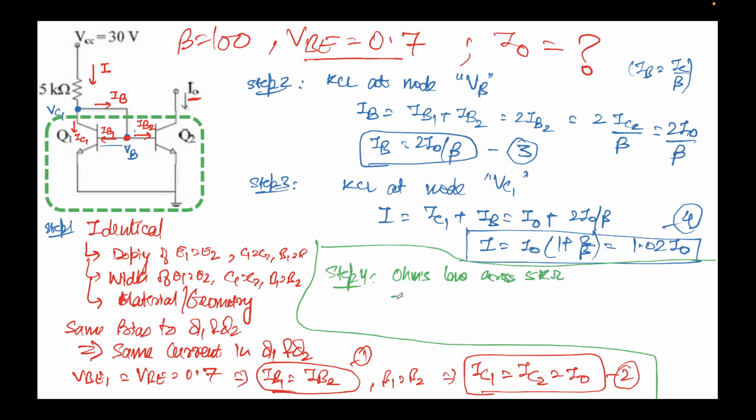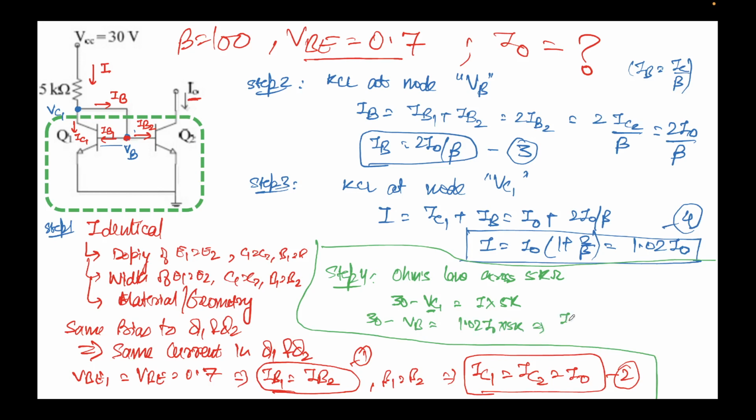So that will be 30 minus VC1 equal to I times 5k. Now what is the value of VC1? Note that VC1 is nothing but VB because this is shorted here. So I can write 30 minus VB equal to the value of I, which is 1.02 I0 times 5k.